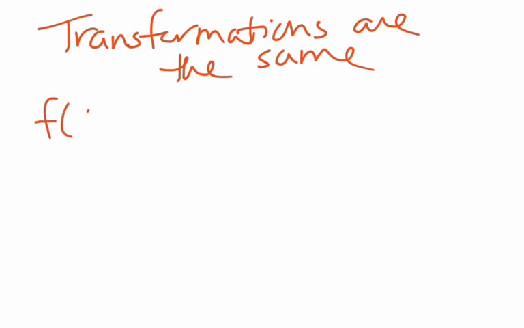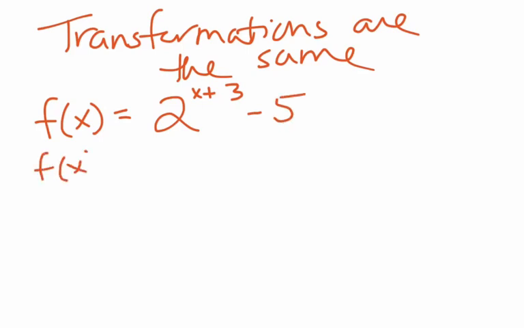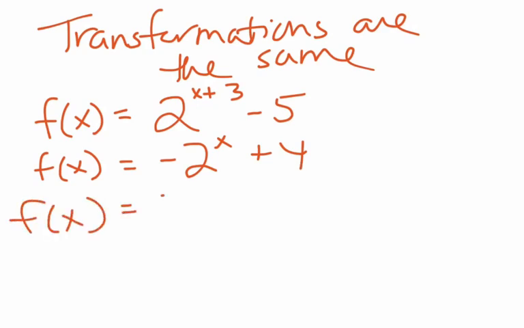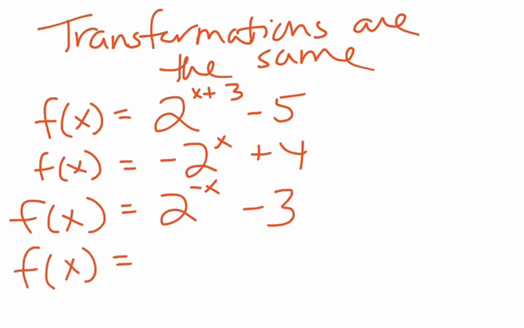So we'll take a look at a few examples. We'll do 2 to the x plus 3 minus 5. We'll do negative 2 to the x plus 4. We'll do 2 to the negative x minus 3. And then we'll do negative 2 to the x minus 1 plus 2.